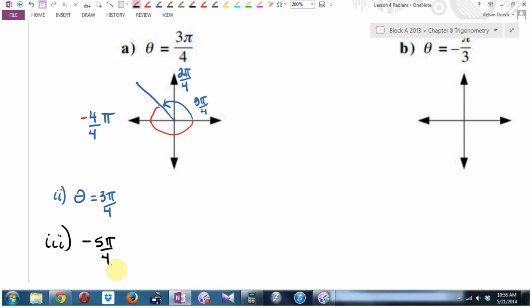How many radians? Not 2. 2 pi. It's not 2 radians, by the way, that's only about yay big. 2 pi radians. So another angle would be 3 pi by 4 plus 2 pi.